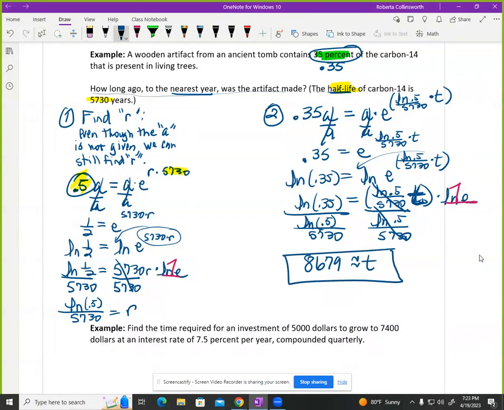So how long to the nearest year was the artifact made? It was made how long ago? 8,679 years ago. That's what we found out. And we have one more problem.